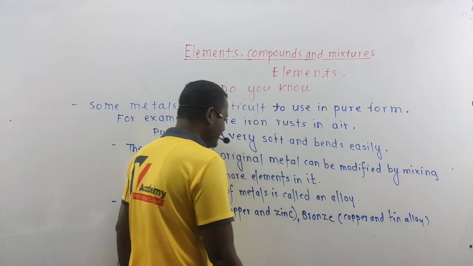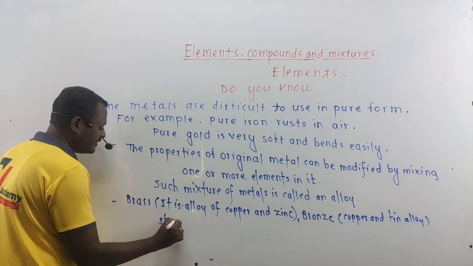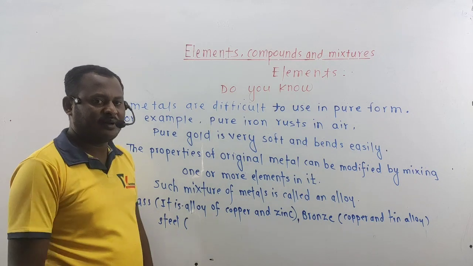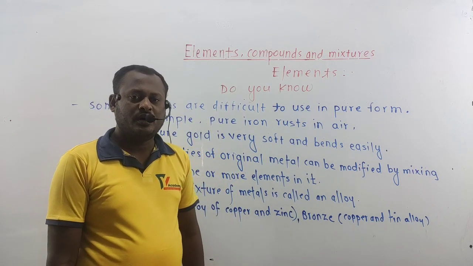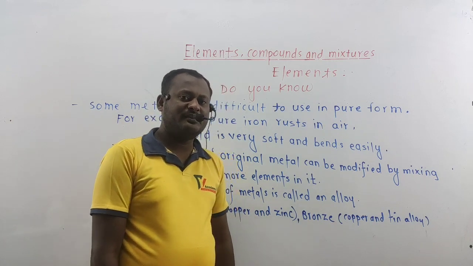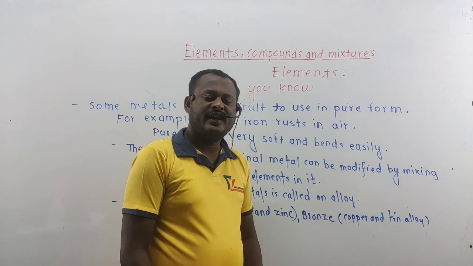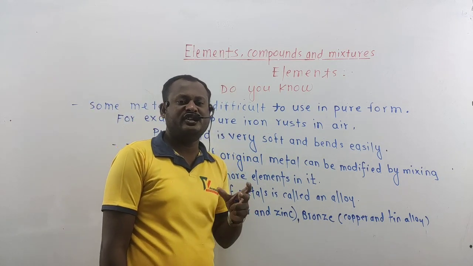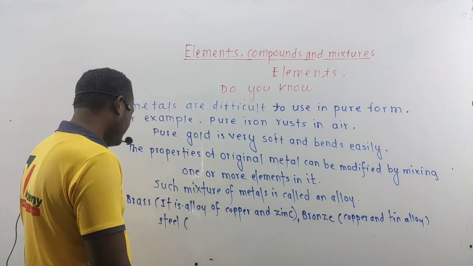Okay, then steel. Steel is the alloy of iron and carbon. In steel, the percentage of carbon varies, and that's why there are three types of steels: low carbon steel, medium carbon steel, and high carbon steel, according to the percentage of carbon in the steel.